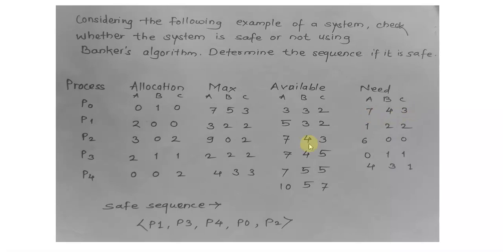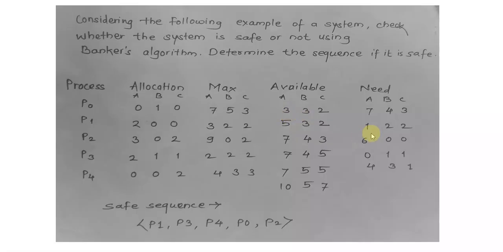Okay, so let me think about the next one, the need of the P1 process. It is 1, 2, 2, and we have 3, 3, 2. So here we can see we can allocate the needed resources to the process P1, because more resources are available in the operating system than the need of the P1 process.